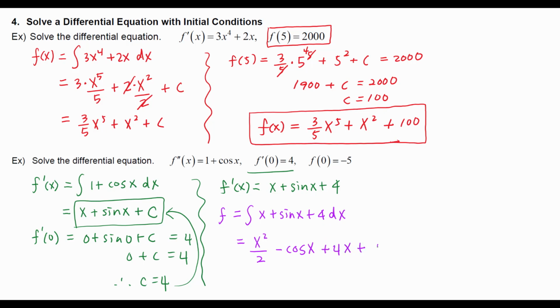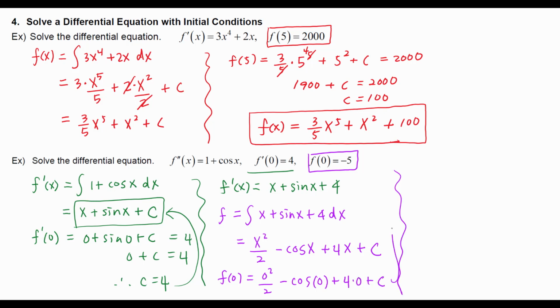And then I will have a constant of integration c. However, they told me that f of 0 is negative 5. So I can plug 0 for x. So f of 0 is 0 squared over 2 minus cosine of 0 plus 4 times 0 plus c, which is equal to, I get 0. Cosine of 0 is 1, so you get negative 1. This is 0. Plus c has to be equal to, they said, negative 5. So c must be negative 4.